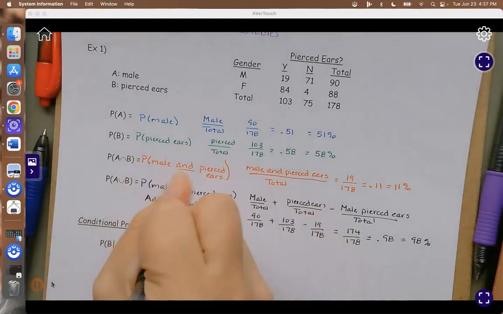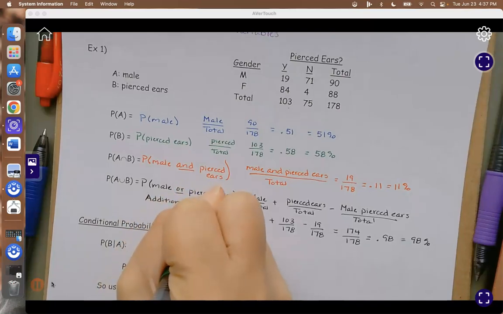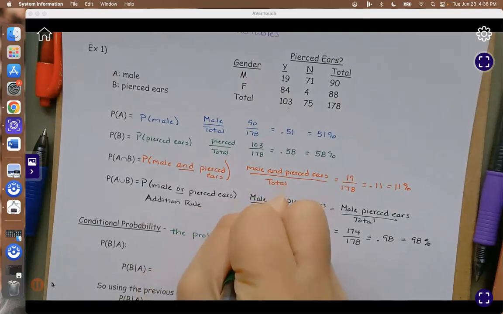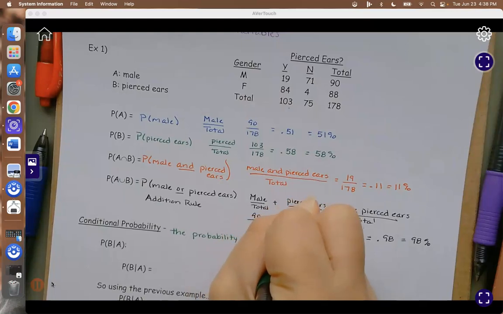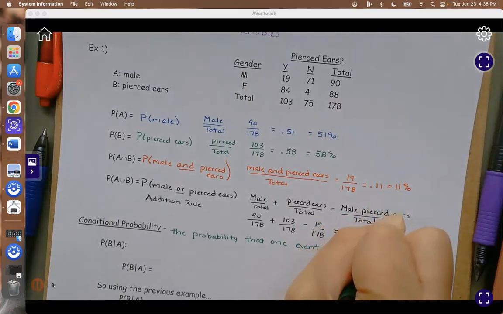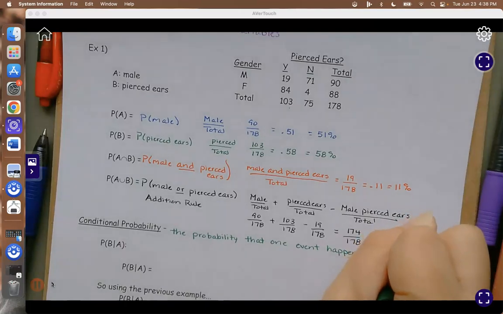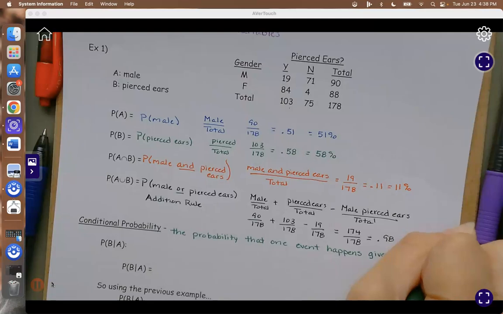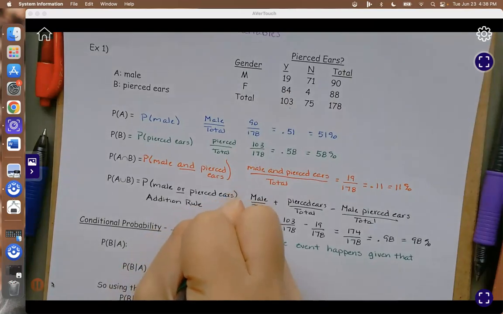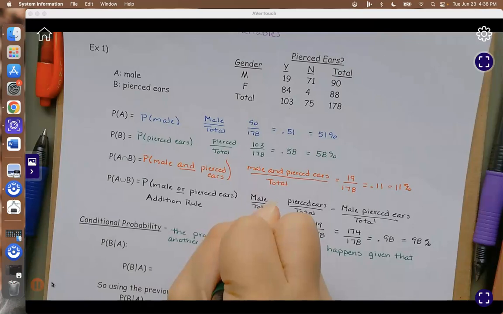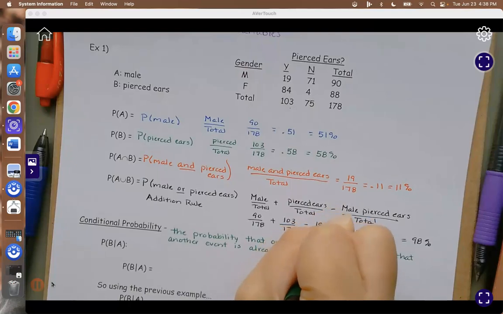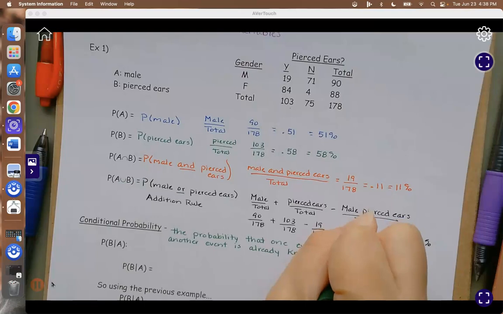The definition of conditional probability is the probability that one event happens given that another event is already known to have happened.